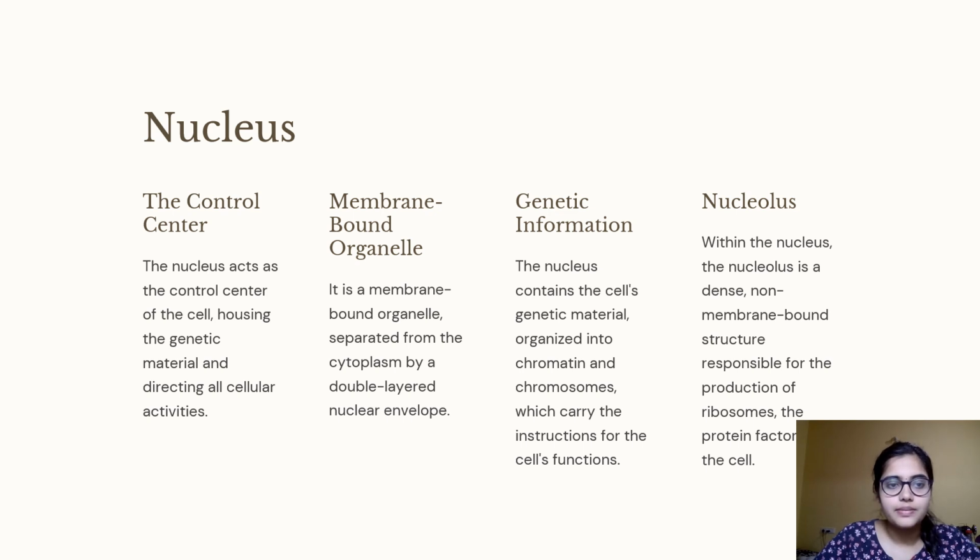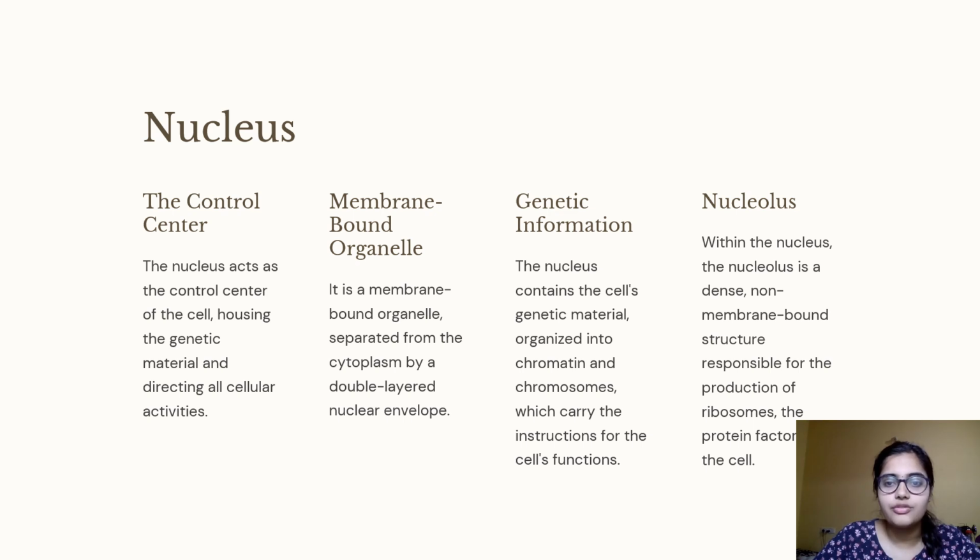Coming to the nucleus, the control center of the cell, housing the genetic material and directing all cellular activities. Membrane-bound organelle: the nucleus is separated from the cytoplasm by a double-layered nuclear envelope.